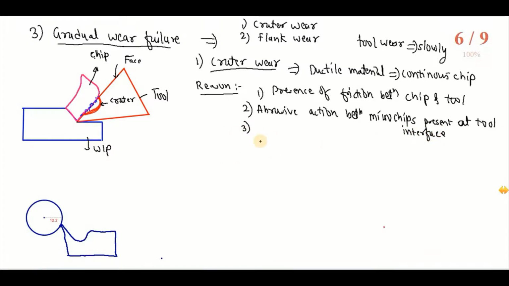The third reason might be the abrasive action of fragments of built up edge. As we know, whenever continuous chips are forming, at times we get a built up edge on the face of the tool.